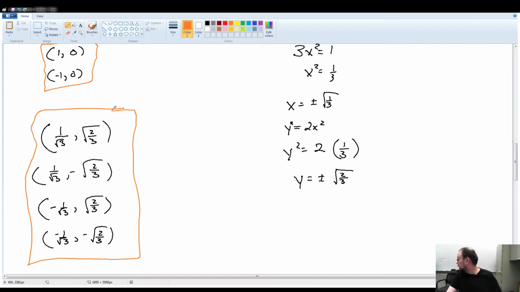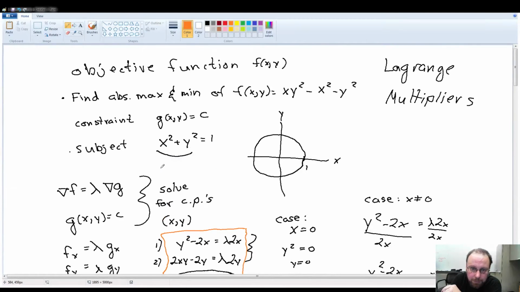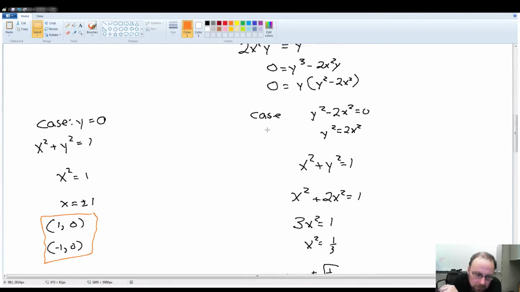So what we're going to do with these critical points is stick them back into the function that we want to optimize, and simply say that the absolute max happens where we find the max, and the min is where we find the min. So let's do that.